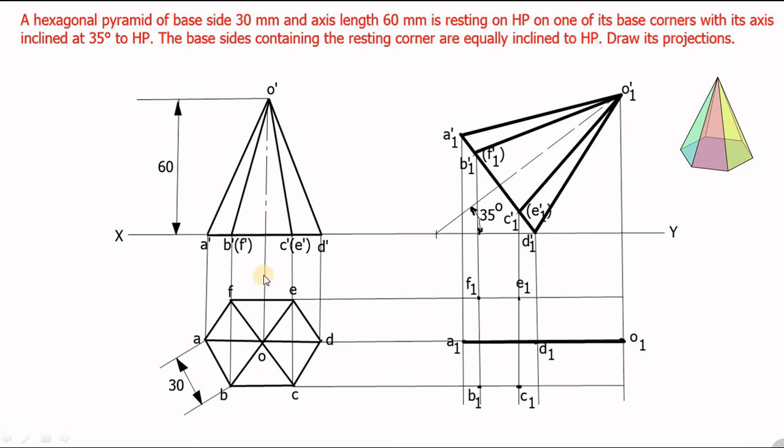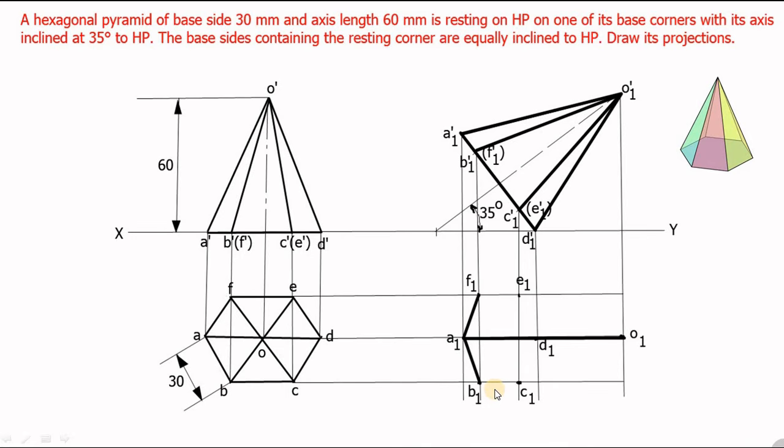So when you divide this top view into two equal halves, whichever edges on left side will be visible and whichever edges on right side will be invisible. Okay, so in that concept we can draw AF and AB in visible line. So you can draw this in visible line. Okay, similarly AO, FO and BO can be drawn in visible line.